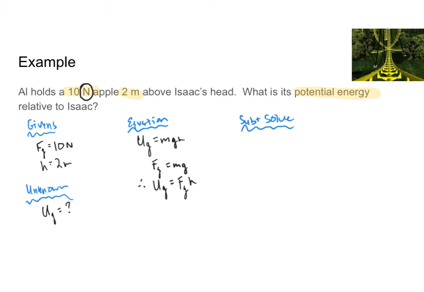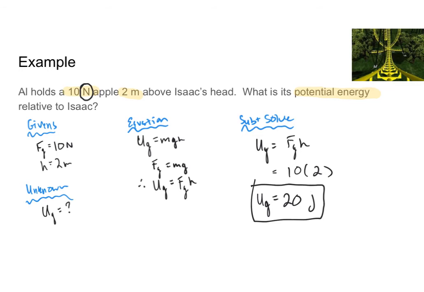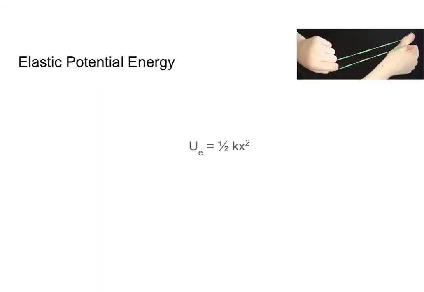My gravitational potential energy is equal to Fg times h, which is 10 times 2. And my gravitational potential energy here is 20 joules. That's a J, by the way. It's a little messy, I know. So there you go, guys. I have solved this problem. Let's go to the next one.